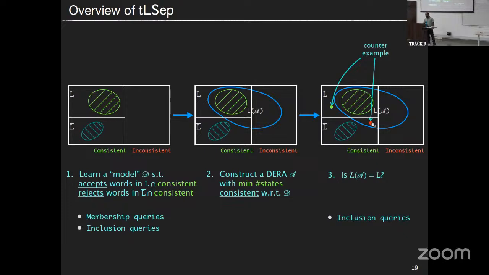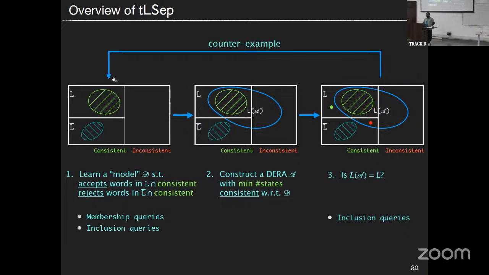And similarly, the red one, so there is a red dot, if you can see. This is in L bar, but it is getting accepted in your language. So then this will be taken care of by the learner. It will basically include this green dot and include this red dot in the gray part. And this will go on, and it will eventually converge to a DERA.